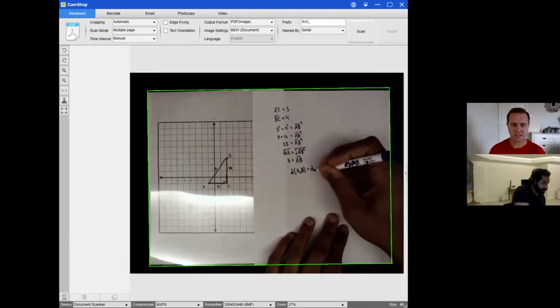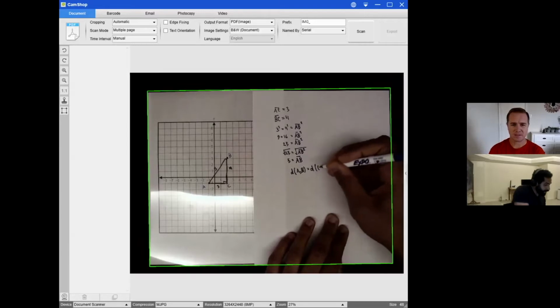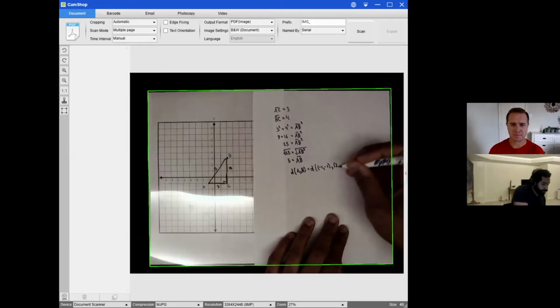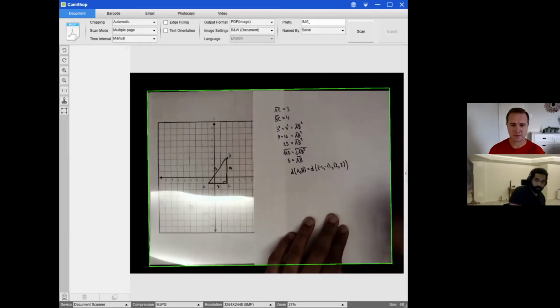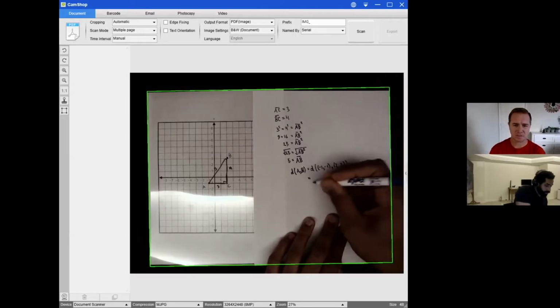Yeah, let's check that. A is at (-1, -1) and B is at (2, 3). So applying the distance formula, what does that look like?